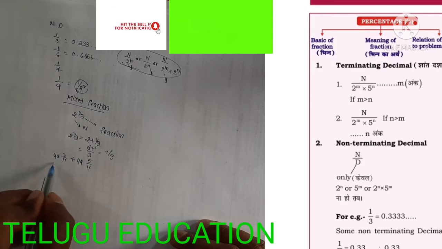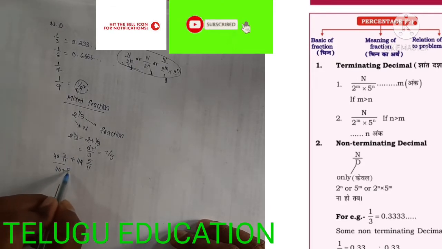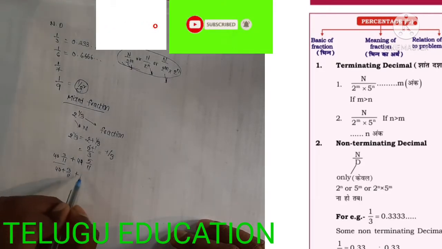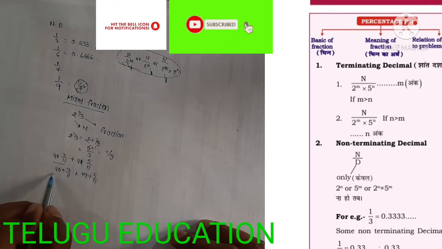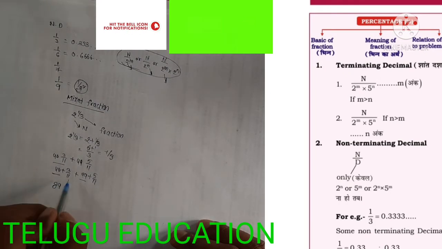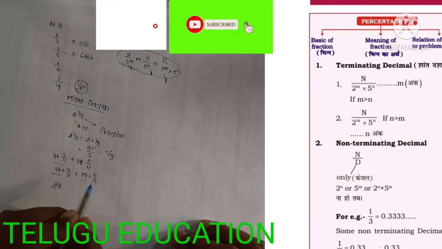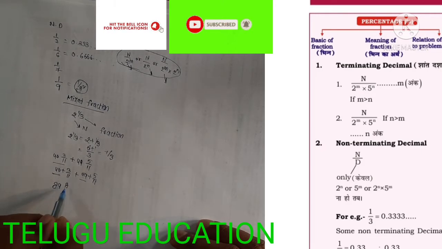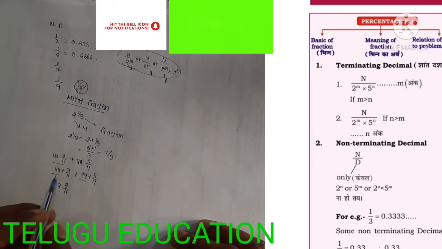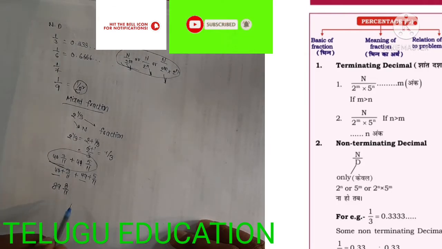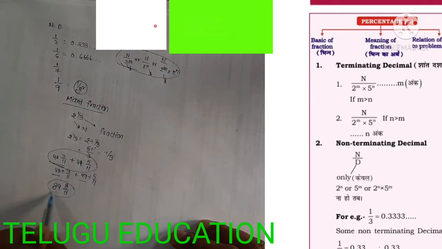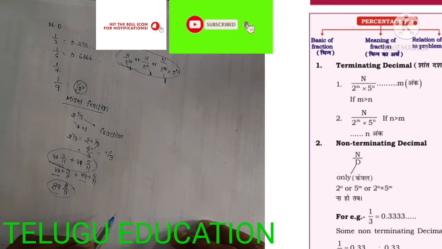This can be written as 40 plus 3/11, and this can be written as 49 plus 5/11. So 40 plus 49 is 89, and 3/11 plus 5/11 is 8/11. So the sum of these two mixed fractions is equal to 89 8/11.